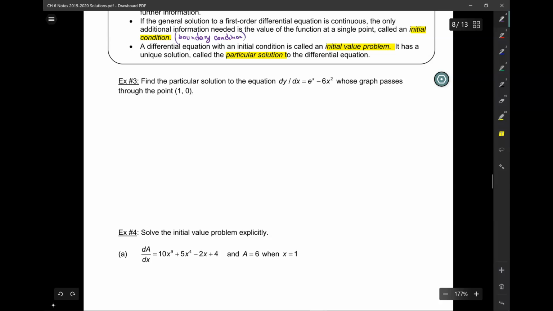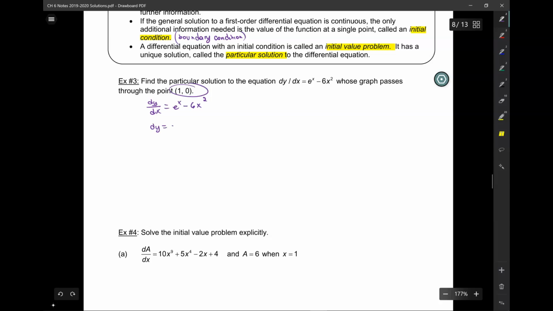Okay, so here it says find the particular solution to this equation whose graph passes through the point 1, 0. You see here we have an additional piece of information. So you start off the same exact way. dy dx is equal to e to the x minus 6x squared.